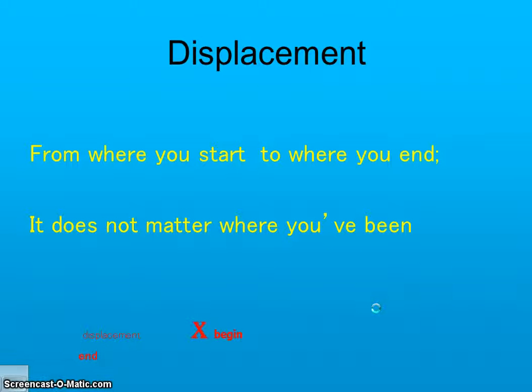There's a little rhyme I came up with many years ago to help students understand displacement versus distance. And this is basically how it goes: From where you start to where you end, it does not matter where you've been. So what you're looking at is where you started and where you ended.